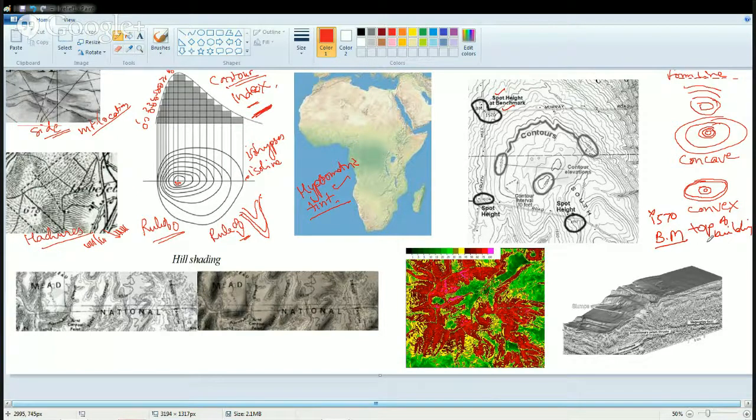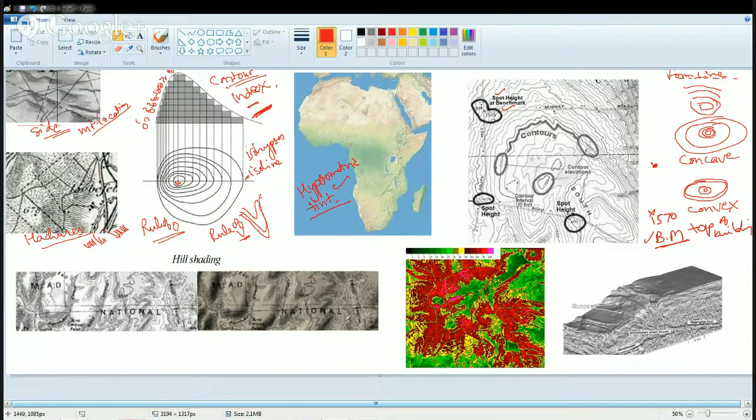What is important in benchmark is that benchmark forms a permanent mark for reference. So you can have a permanent reference at the top of a building, and it will show you the height above sea level for that region. So that is the difference between benchmark and spot height. As you can see here, benchmark is always written as BM.